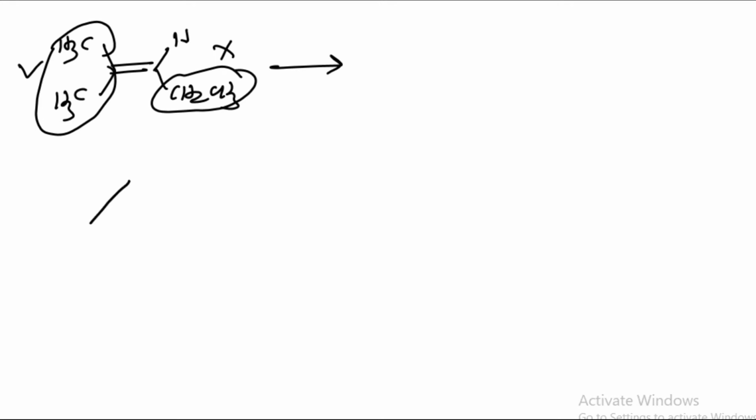So again I am writing this double bond like this. If I have to hydroxylate this allylic position, I have to write this like this, and this is CH2 actually, and on this side there will be two methyls. So one of the methyls has to be in an axial position.